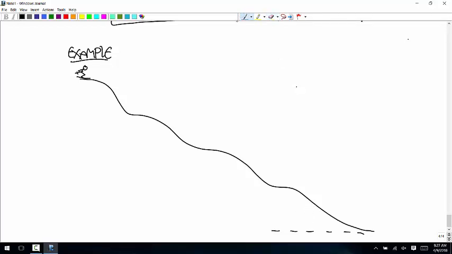She's just going to go straight down because if she does any of this stuff, she's building up friction and that messes up the simplicity. So she's just going straight down, friction free. And let's say this hill is just 10 meters tall.